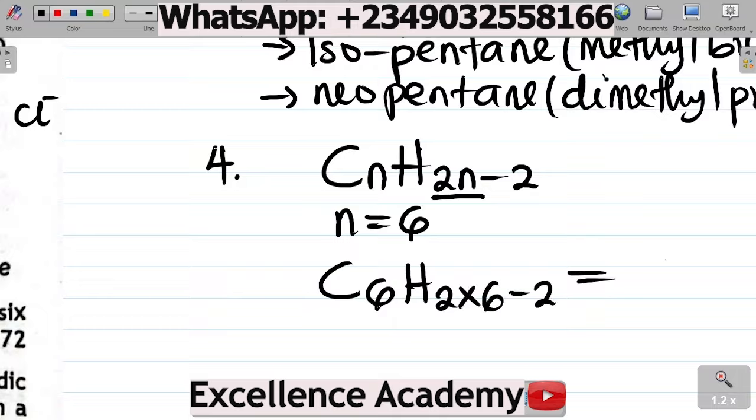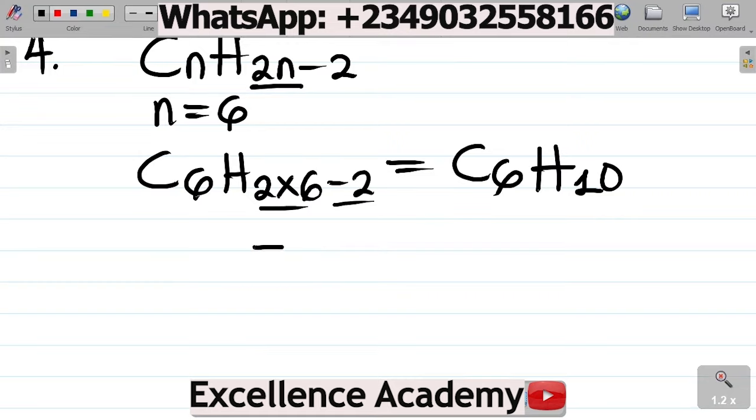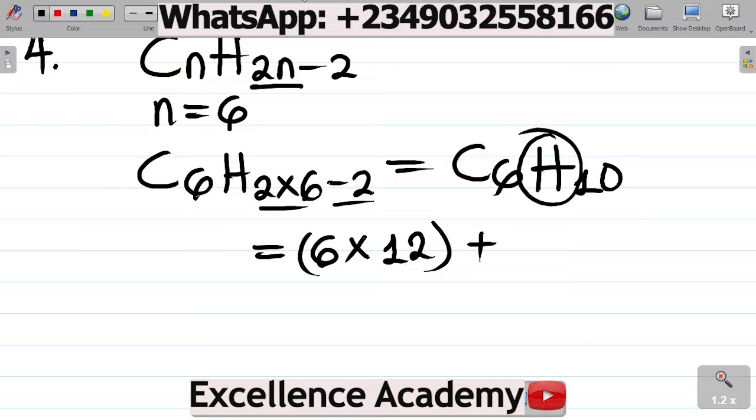If you solve this, this gives you C6H, 2 times 6 is 12, 12 minus 2 is 10. So you have C6H10. This is the alkyne with 6 carbon atoms. You're asked to find its molecular mass. Let's start with carbon. Carbon has 6 atoms times its atomic mass, which is 12, plus hydrogen, which has 10 atoms as seen, times the atomic mass of hydrogen, which is 1.